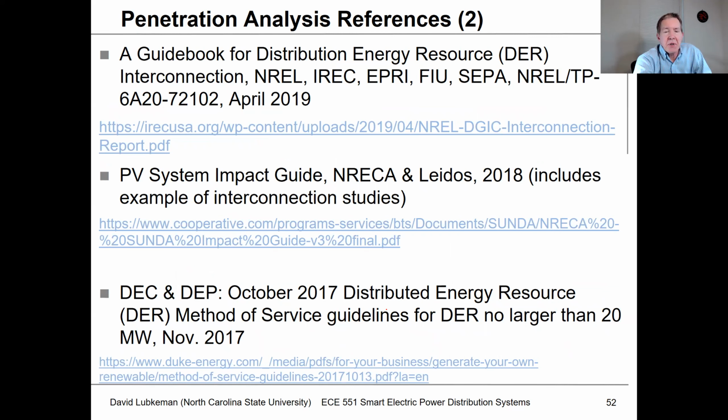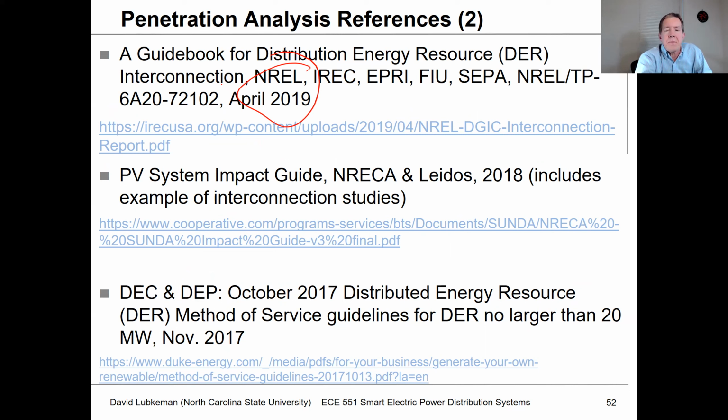There's another guidebook that was recently published by NREL and some other agencies that talks about what really needs to be factored into DER interconnection. This is like a state-of-the-art survey, so it's useful reading.